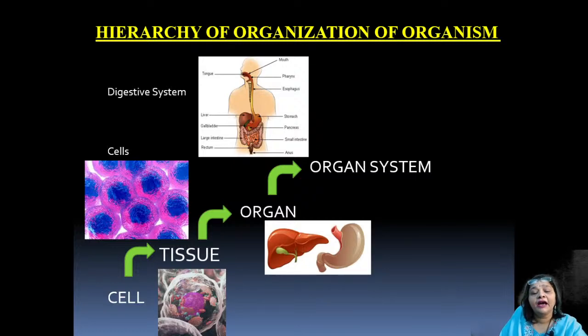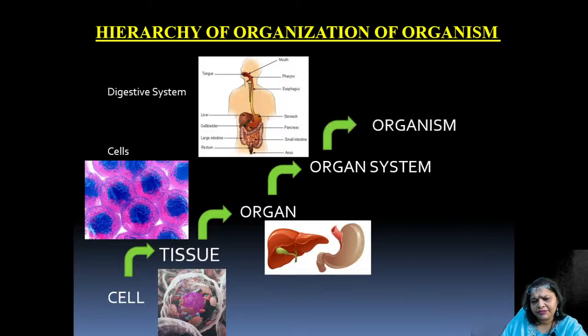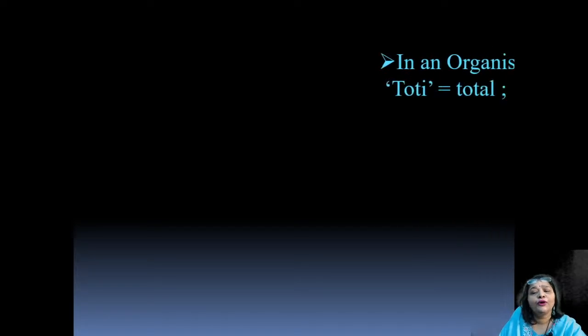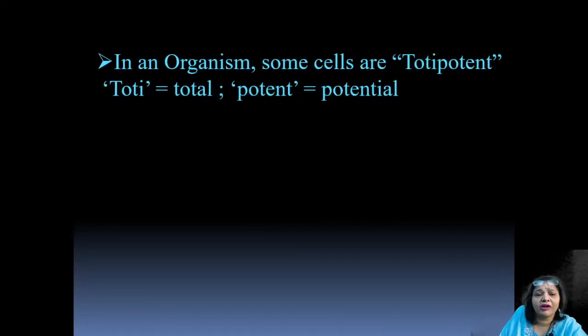Still they are the part of the same system, that is the digestive system. The different organ systems later together would have formed the organism, right? So this is how the hierarchy of organization of organism is set up, right? So let us talk about this organism.